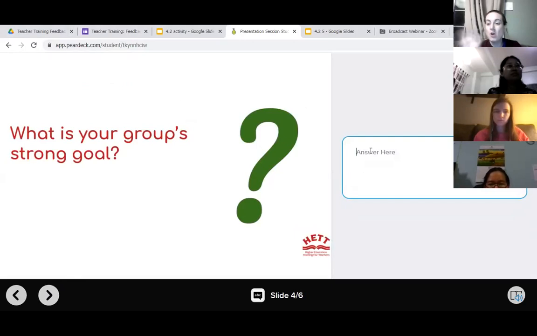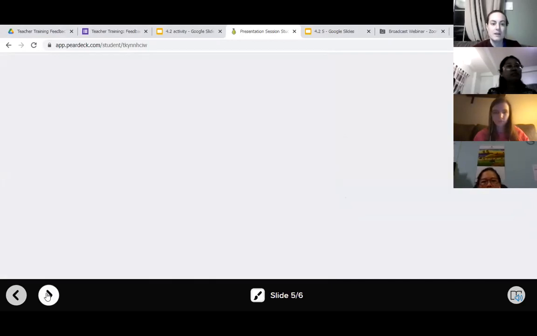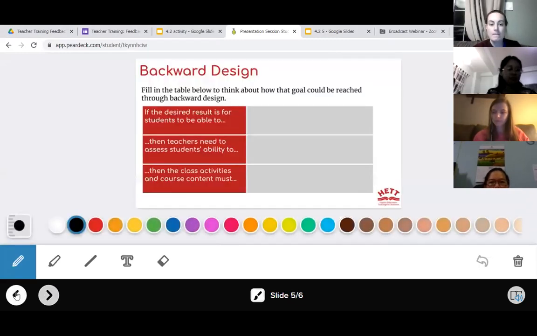Think of a strong goal for a course, any course. Then: if the desired result is for students to be able to, then teachers need to assess students' ability to, then the class activities and course content must, and so on.